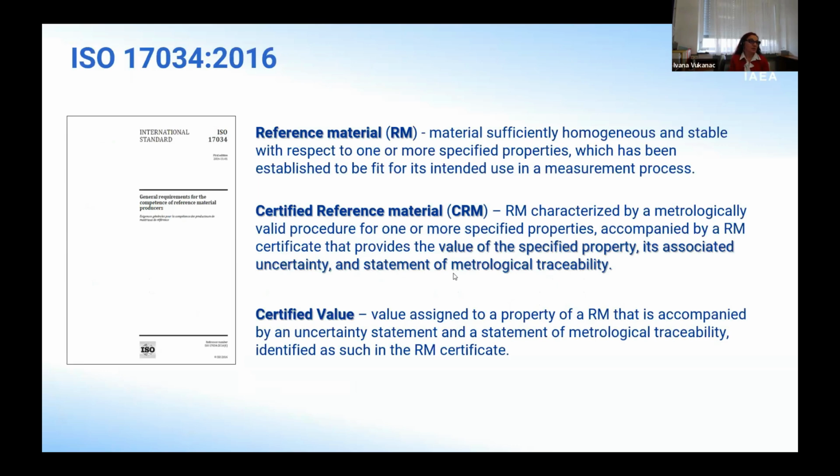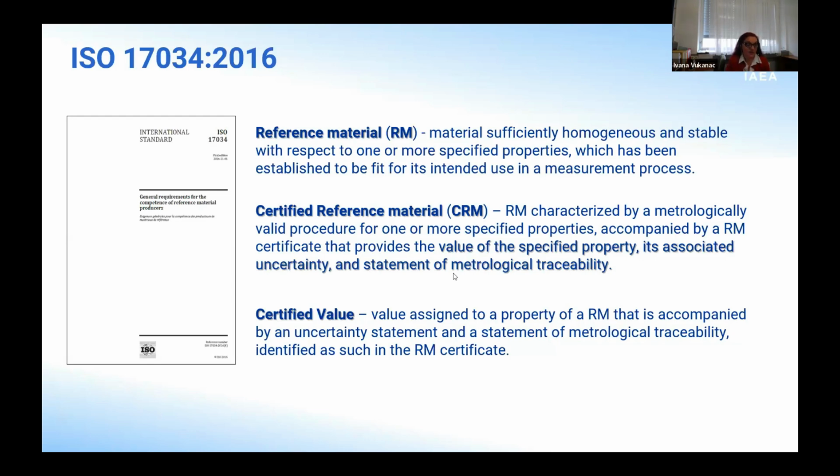Let us start with ISO 17034. This is a standard giving requirements for the competence of reference material producers. Reference material is material sufficiently homogeneous and stable with respect to one or more specified properties.